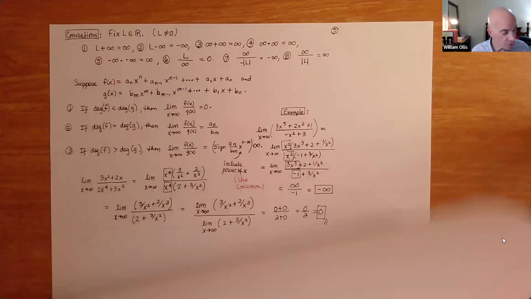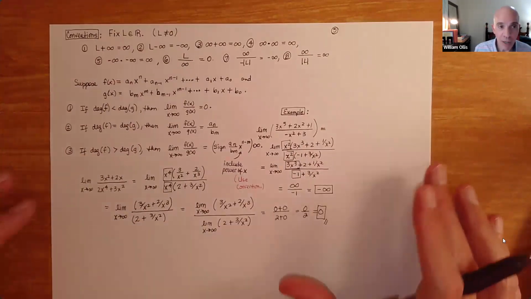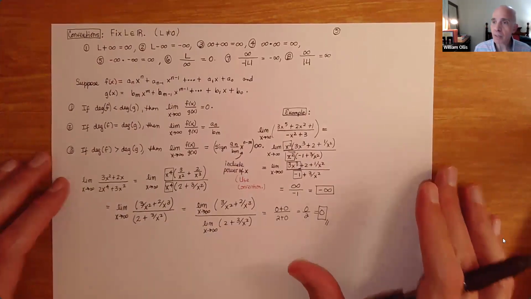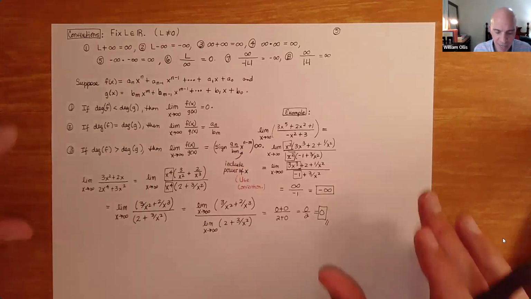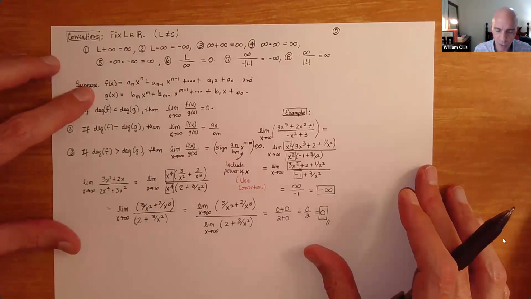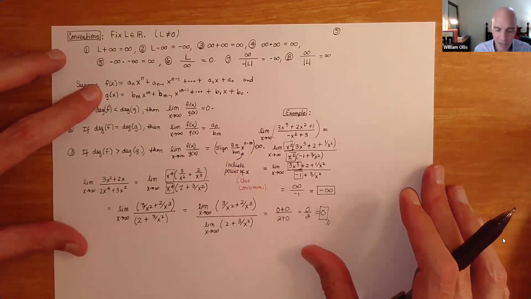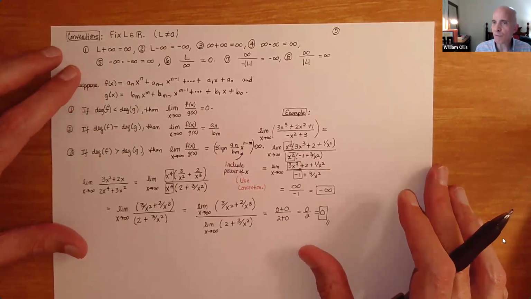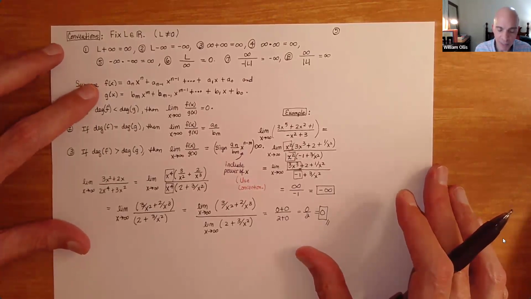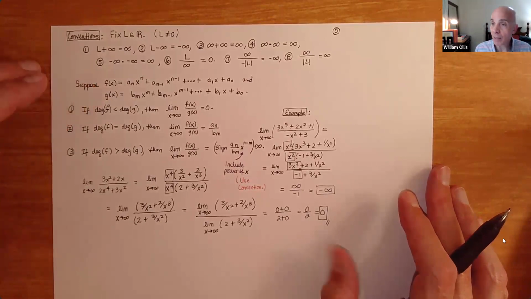Now, I also want to make a comment about your time in your pre-calculus course and your college algebra course. We have conventions with infinity, which we have dealt with, especially when it comes to doing inequalities. Those are not new. But I want to just mention what we have been doing when we thought about the limits of rational functions. That is, the rational function by definition, ladies and gentlemen, is a ratio of polynomials.